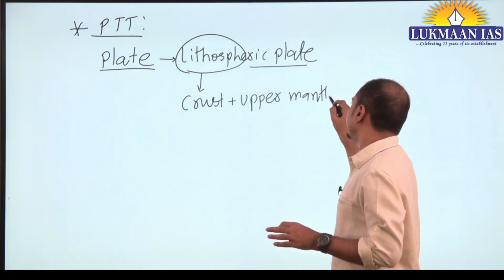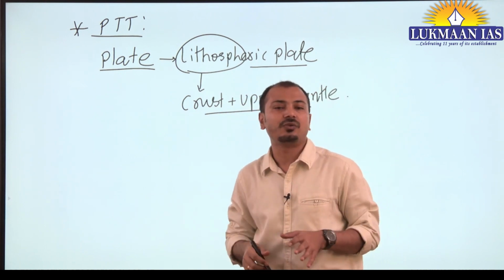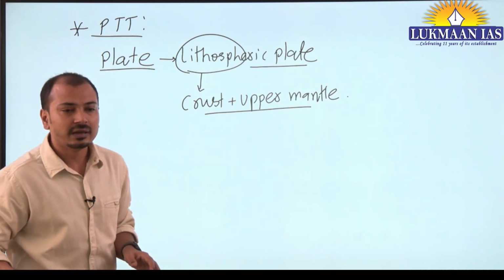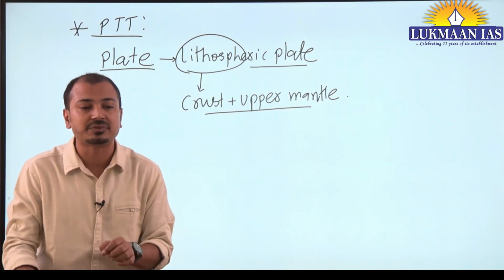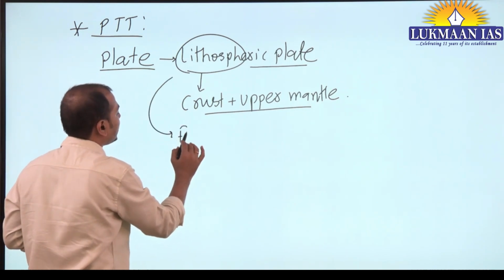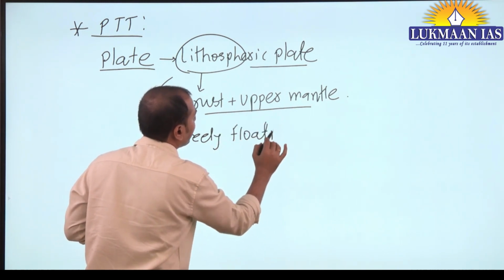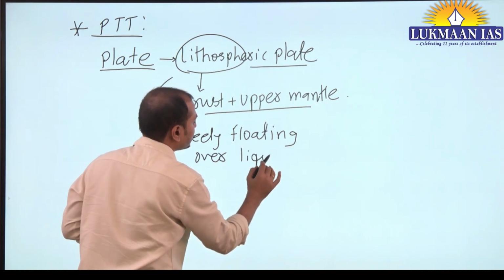According to this plate tectonic theory, plates consist of irregularly shaped lithospheric slabs, and these slabs are freely floating over the liquid asthenosphere.